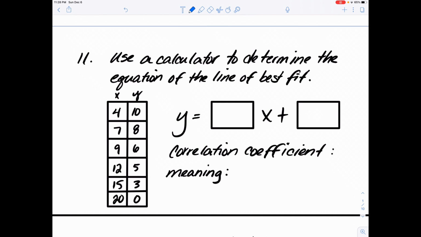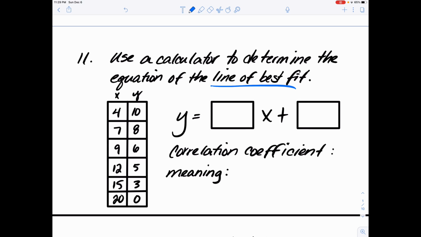Question number 11 says, use a calculator to determine the equation of the line of best fit. Okay, we remember that the equation of a line is y equals mx plus b. We learned that a while back. And in this case, we've got a set of data, we got a table of data, and it's not a perfect linear function, but it's going to be relatively close.